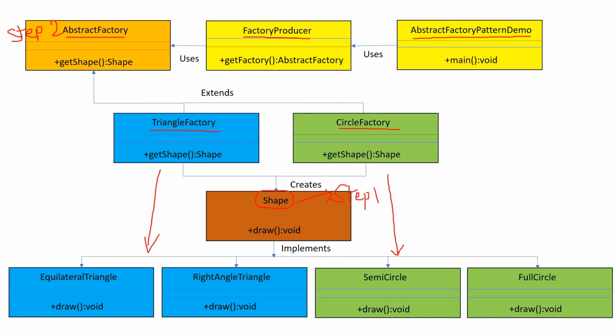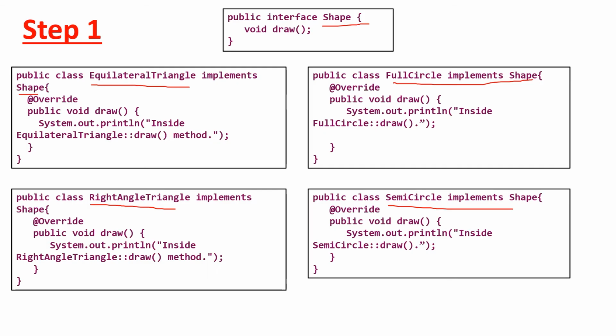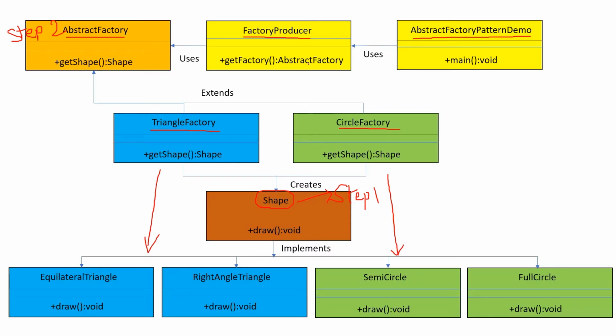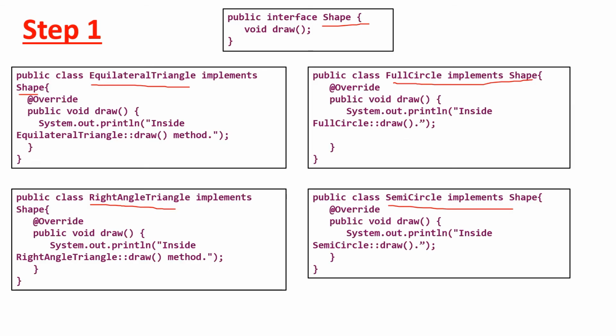Now in step 2 we are going to create this abstract factory. In this abstract factory you can see what we have here is an abstract class, and in this we have a get shape method, right? So here in this block you can see we have a get shape method. So your factory producer is going to use this abstract factory to get these shapes, which is equilateral triangle or right angle triangle and semicircle and full circle. Let's see how we can achieve that.